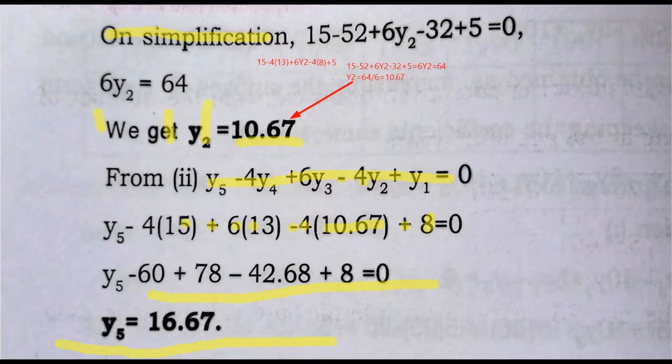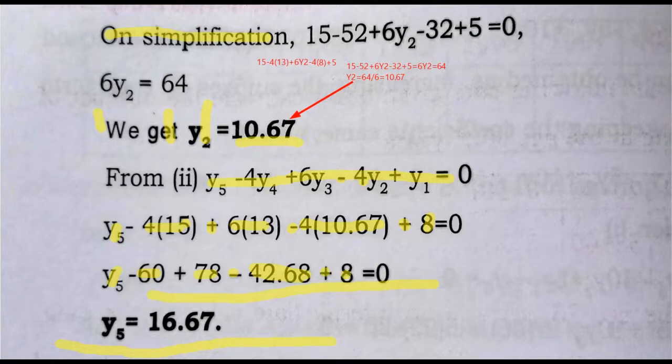Y5 I have taken as it is. y5 minus 4 into 15 is 60, plus 6 into 13 is 78, minus 4 into 10.67, we will get 42.68. Take a calculator: 4 into 10.67 is 42.68, plus 8.